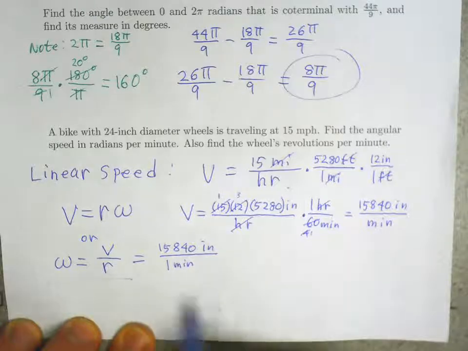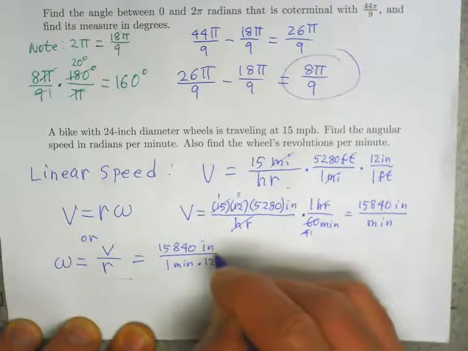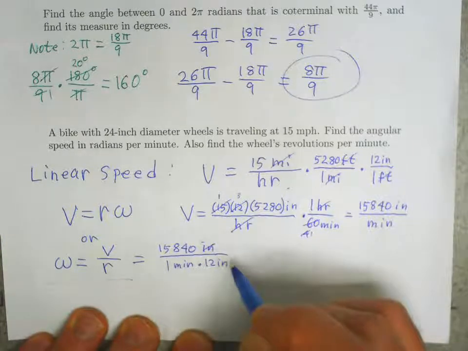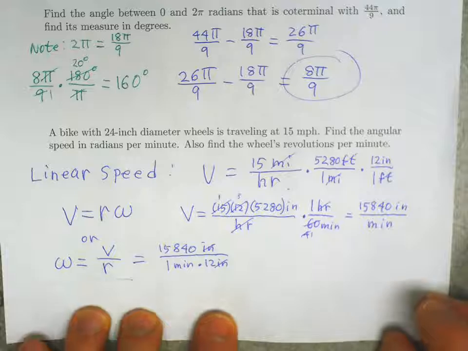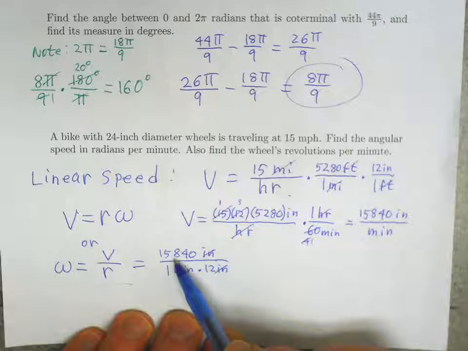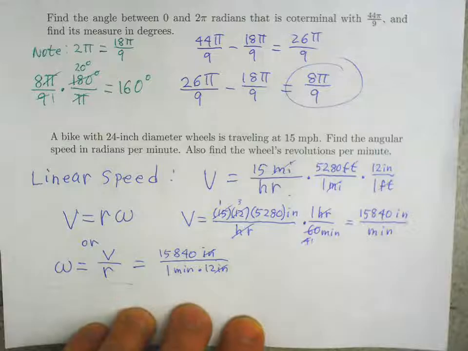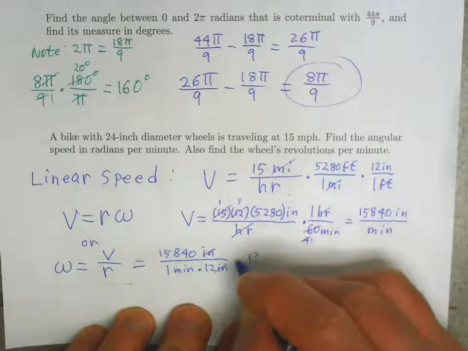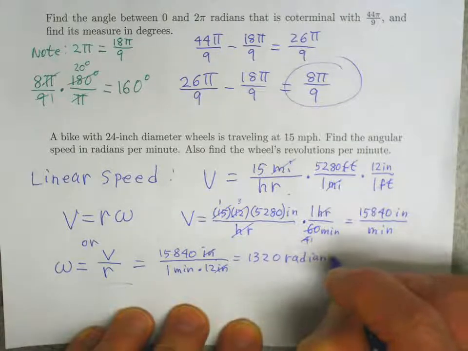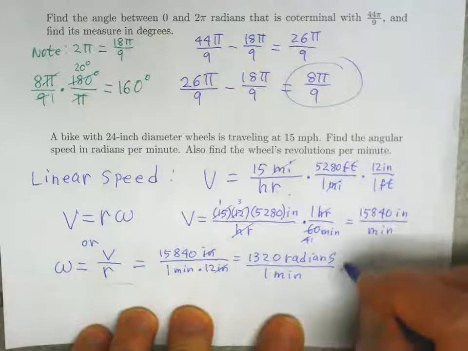Since I'm dividing by 12 inches, I can just multiply 1 minute by 12 inches in the denominator. And this is going to convert to radians per minute, so the inches units cancel. And then, 12 goes into 15,840 1,320 times. So 1,320 radians per minute is the angular speed.